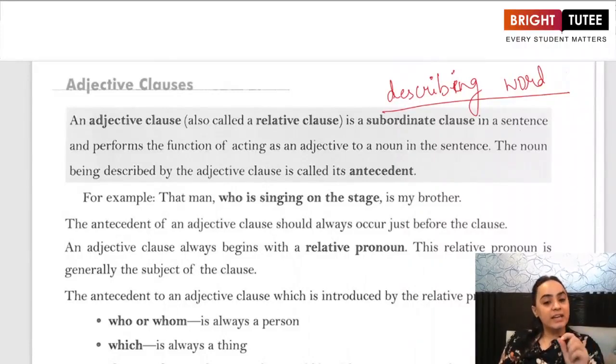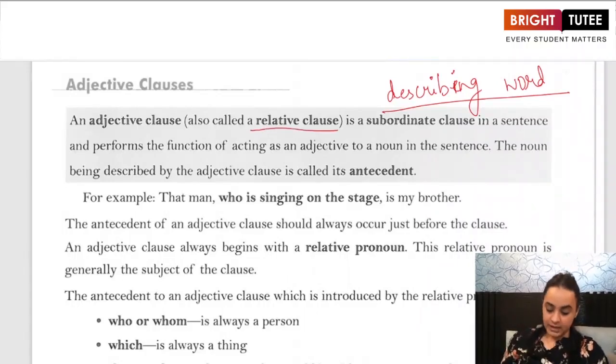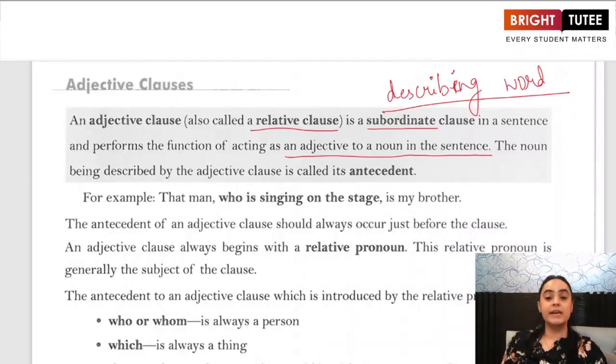Now an adjective clause, which is also known as a relative clause, is a subordinate clause in a sentence and it performs the function of an adjective to a noun in the sentence. A describing word can describe a person, a place, an animal, a thing.